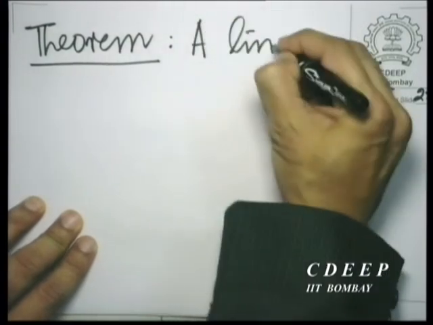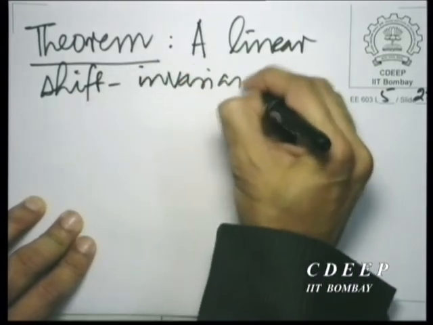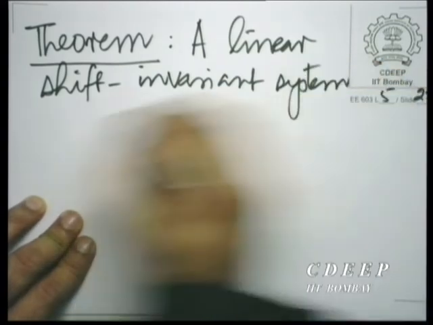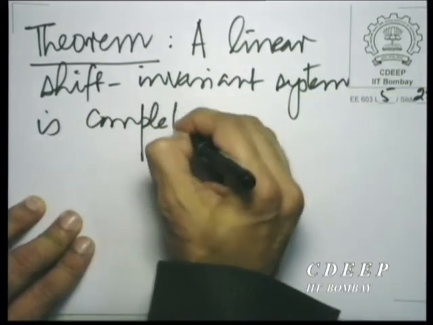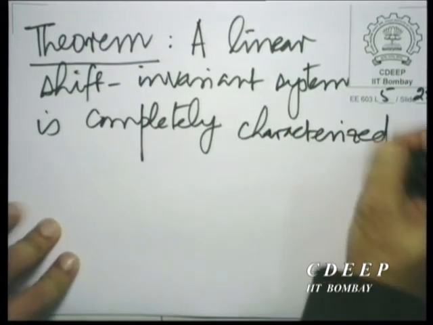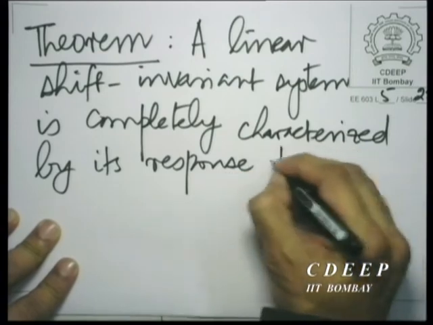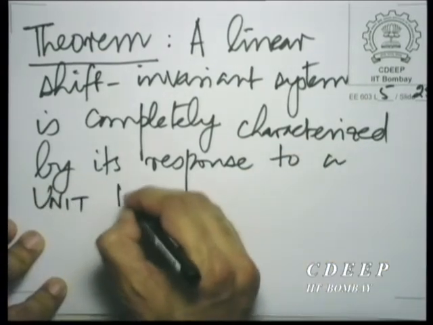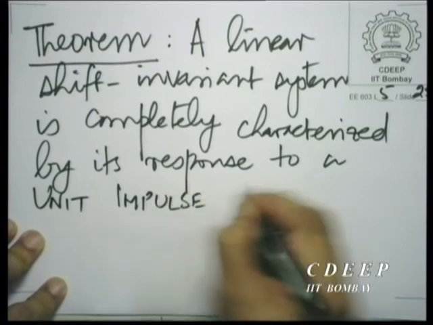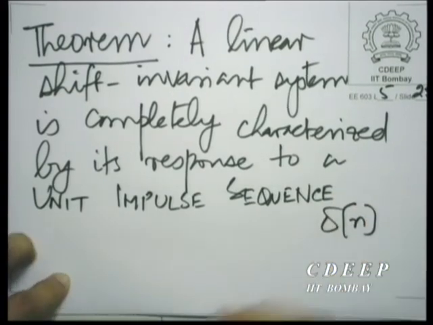A linear shift invariant system is completely characterized by its response to a unit impulse sequence, delta n.